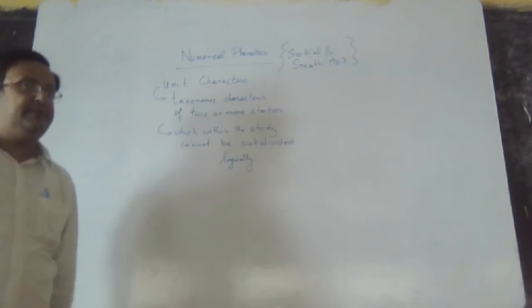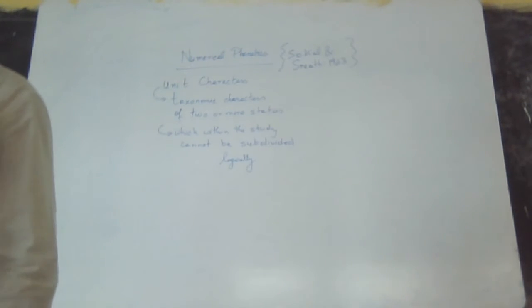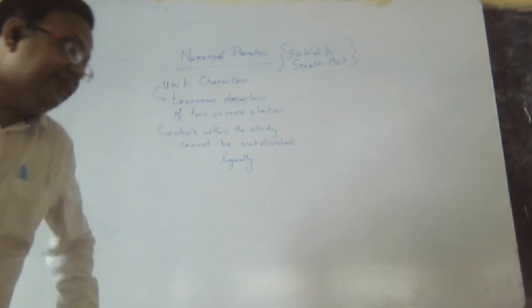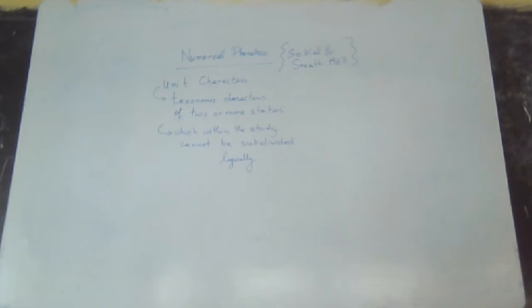Two or more states. 2 states, 1 state. State is a particular character. Say for example, presence of wings, absence of wings.